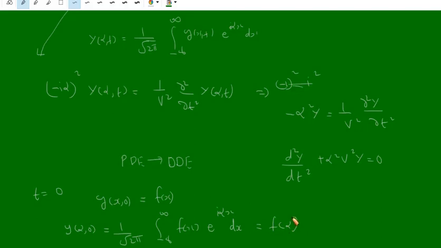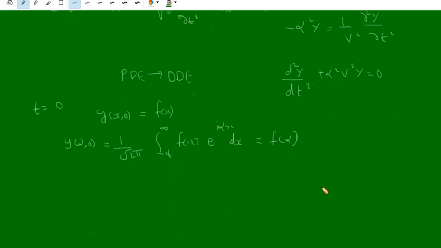So the general solution of this equation, in exponential form, can be written as y of alpha,t is equal to f of alpha times e raised to plus or minus i v alpha t. This is the general solution of this equation.